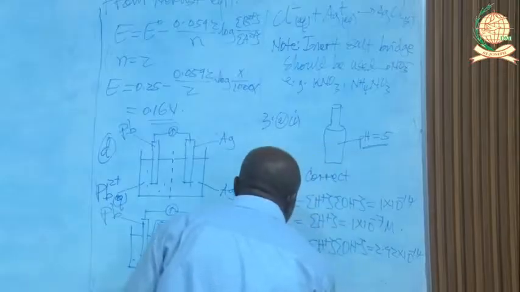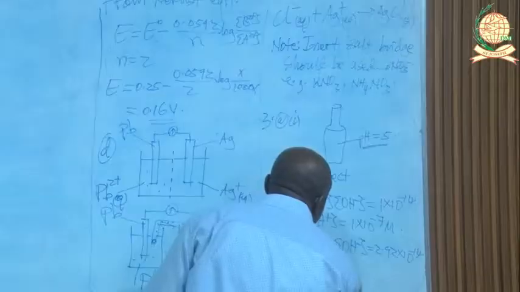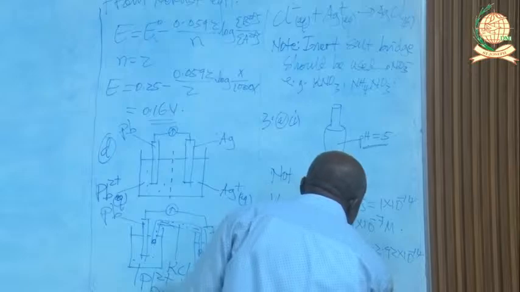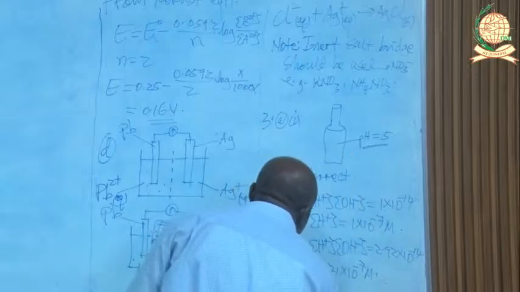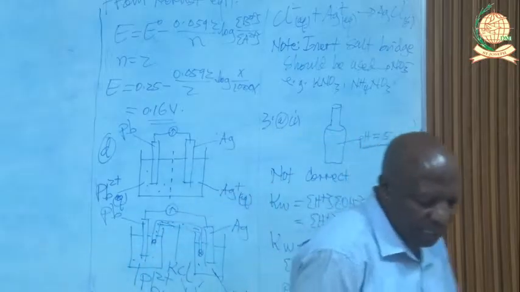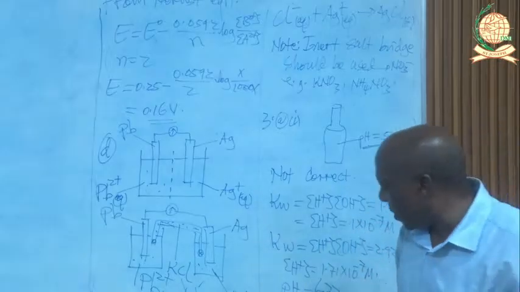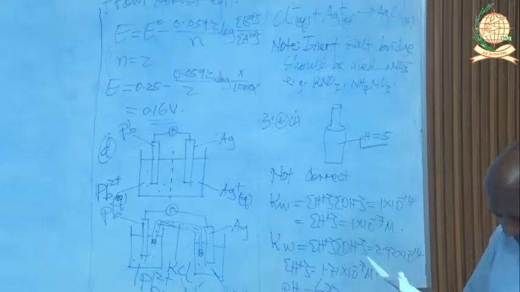Now if we calculate the hydrogen ion concentration, then you will get 1.71 times 10 power negative 7 molar. Now by calculating the pH, you will get 6.77. So it shows that it is not necessary that the pH of water must be 7. It depends on temperature and its Kw value.